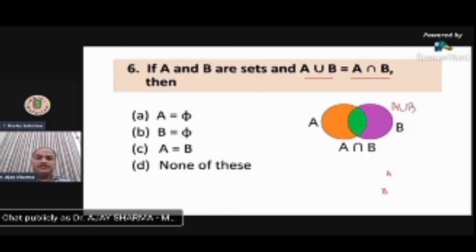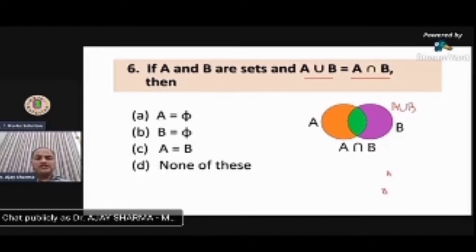If it is said that A union B and A intersection B are equal, it means the whole colored portion is equal to the green portion. How can it be possible, and in which option will it be possible? This we have to answer.